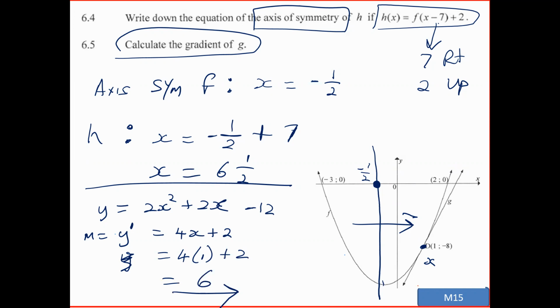Any questions? So we've done 3 graphs tonight. We've done the hyperbola, the parabola, and a straight line. How many graphs haven't we done? So the exponential.